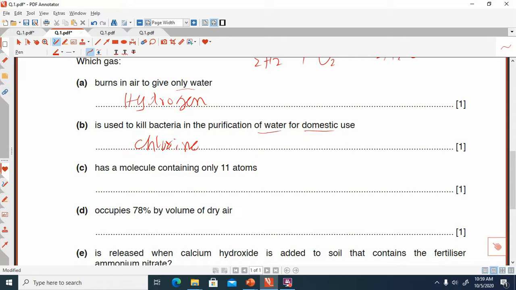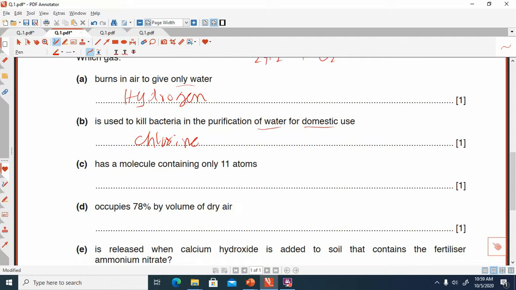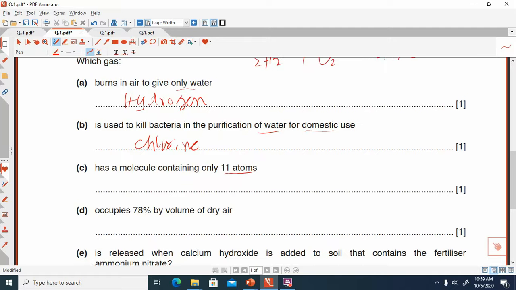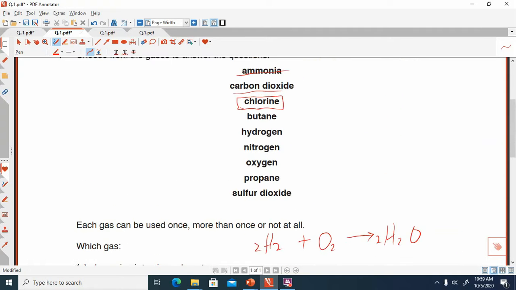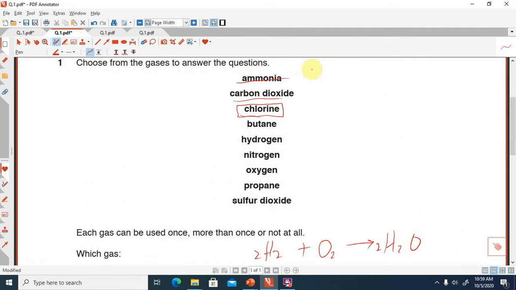Okay, then C is that a molecule containing only 11 atoms, right? There is a molecule that has the 11 atoms, right? So now look at the list, like ammonia, that will be NH3, it is only 3 plus 1, 4.